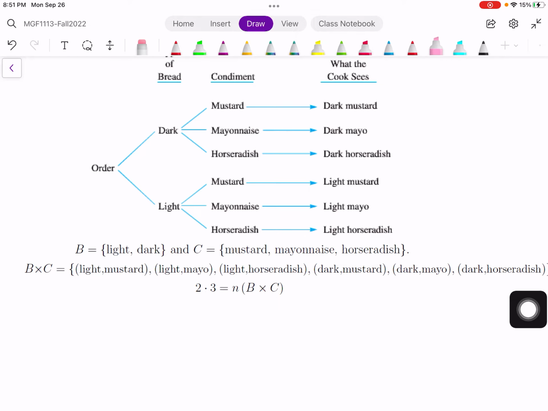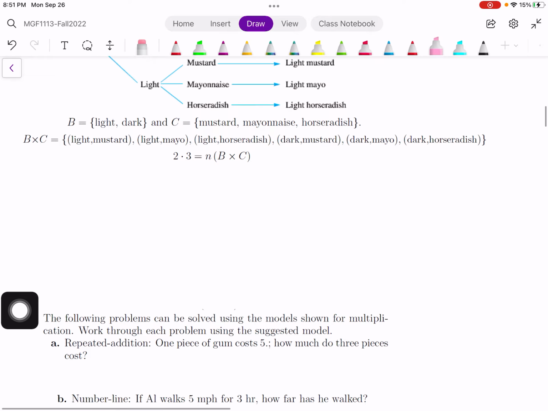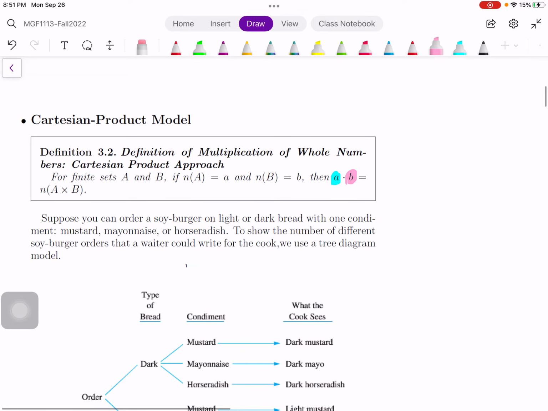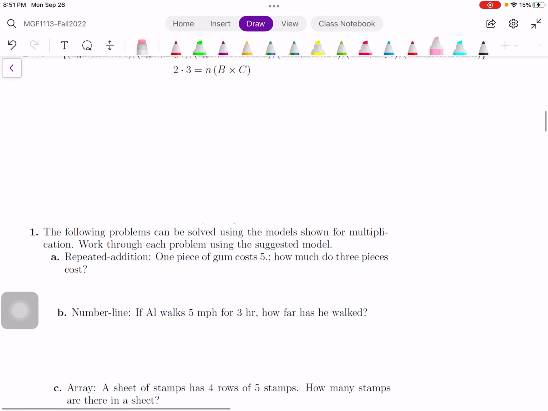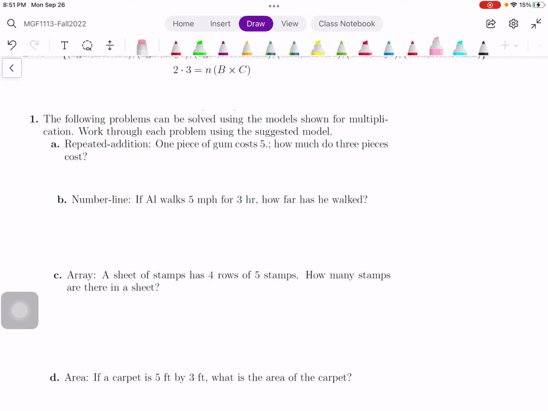So that's the Cartesian product of B with C. If you count the total number of options, it would be 6: 2, which is the number of options for bread, times 3, which is the number of options for the condiment. So that's the Cartesian product model, and you're going to see how it is implemented more in the next example.